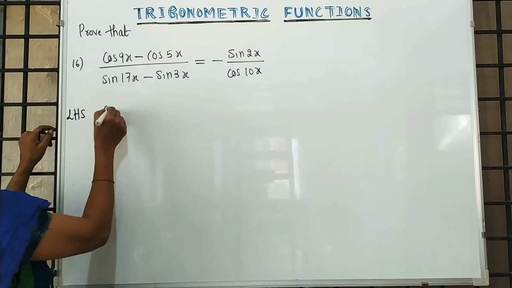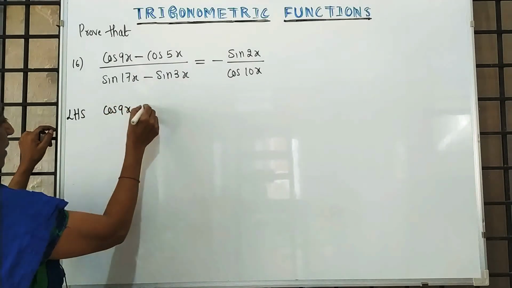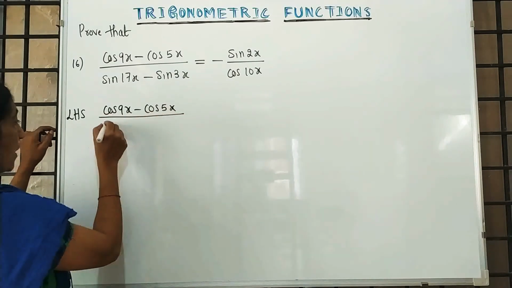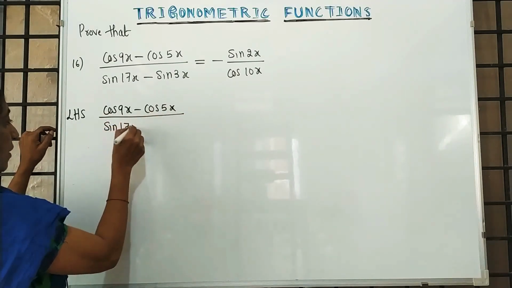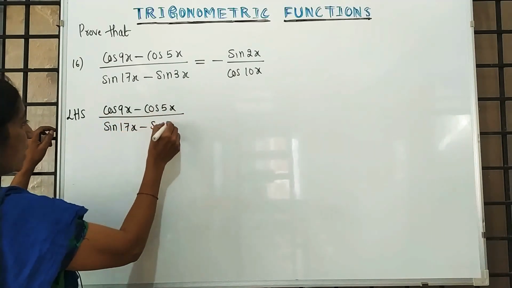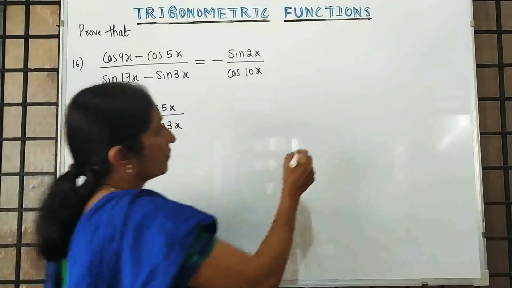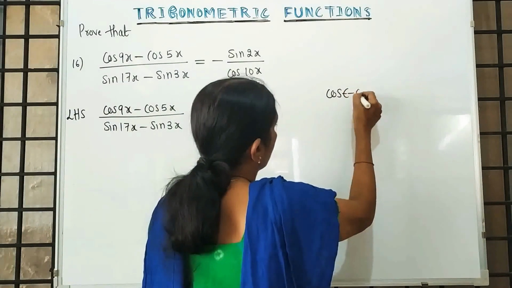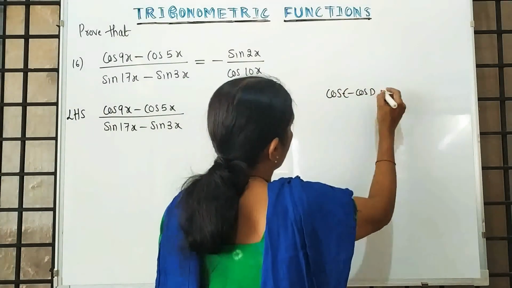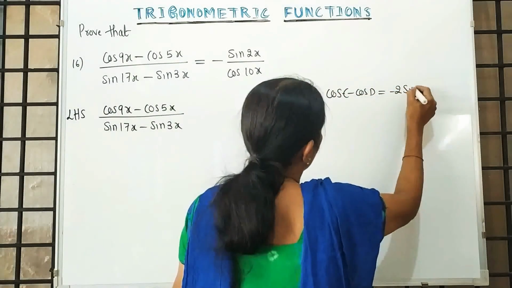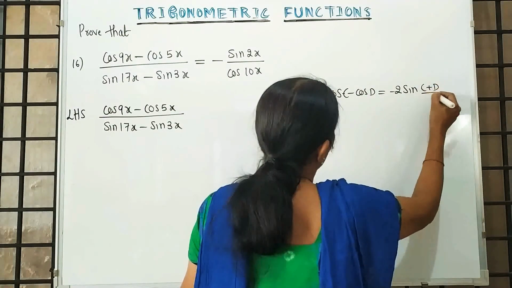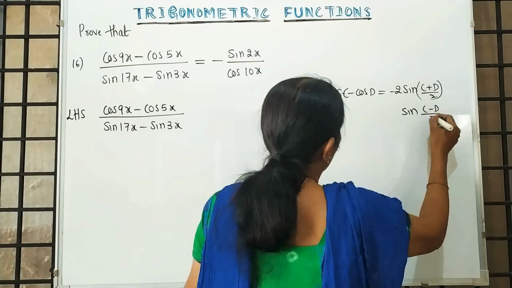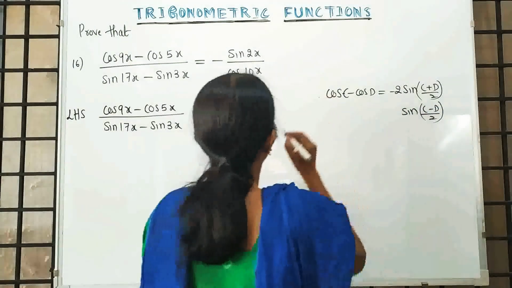Write on the LHS cos 9x minus cos 5x divided by sin 17x minus sin 3x. See, cos c minus cos d is equal to minus 2 sin c plus d by 2 into sin c minus d by 2. This is the first one.